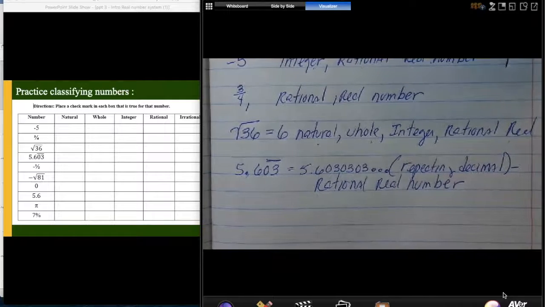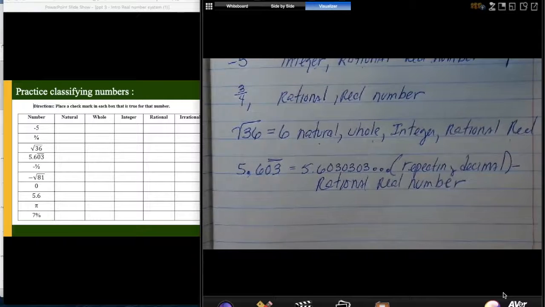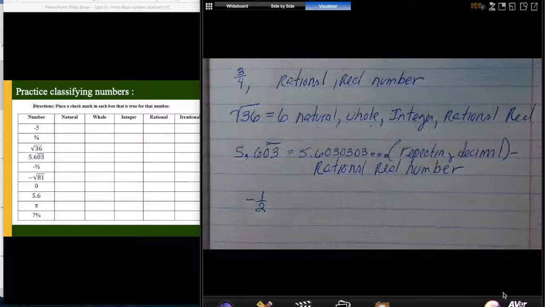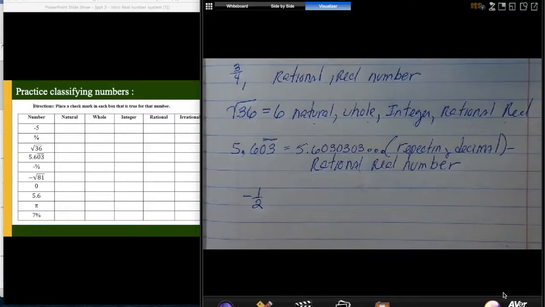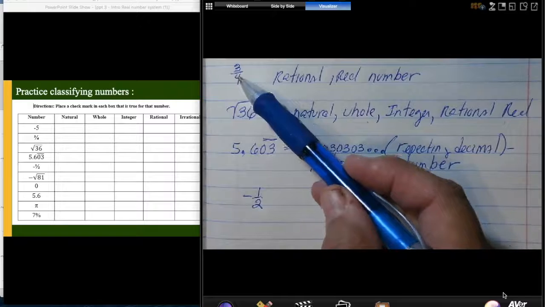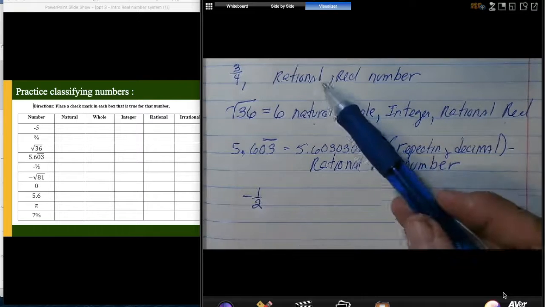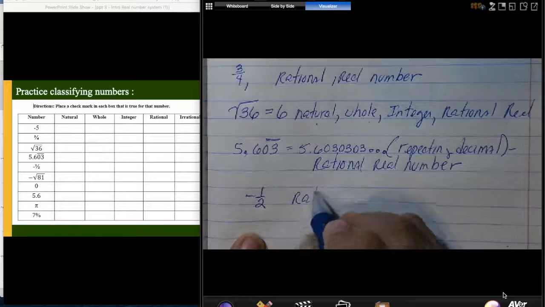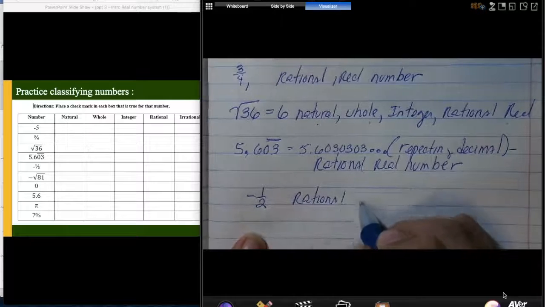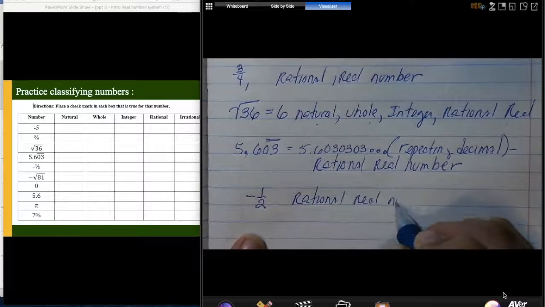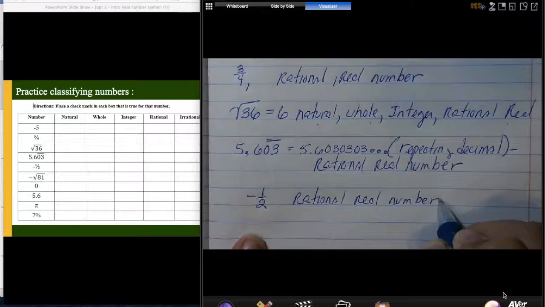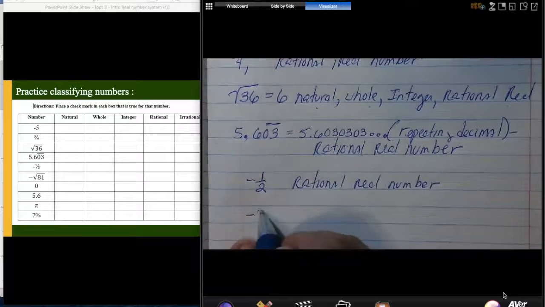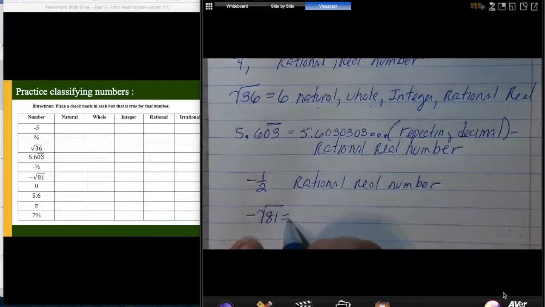Okay. The next number we're going to look at is -1/2. Now, it doesn't matter whether it is positive or negative, it is going to be a rational real number. Okay. The negative square root of 81.